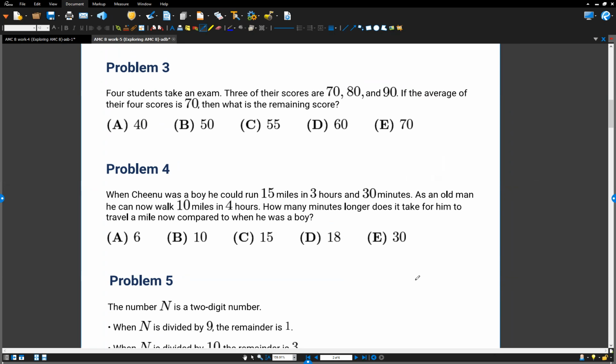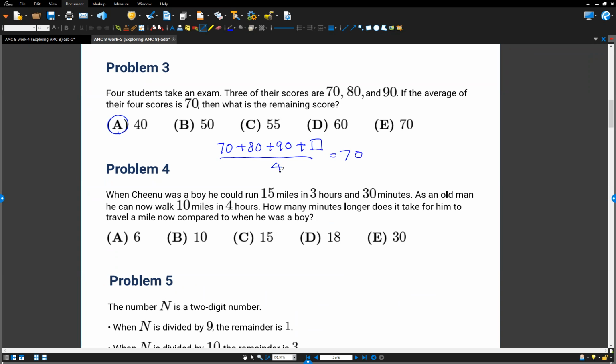Go ahead. Is it 40? Yes, it is 40. I think it's A. All right. 70, 80, 90, and the last one, when you divide by 4, the average is 70.